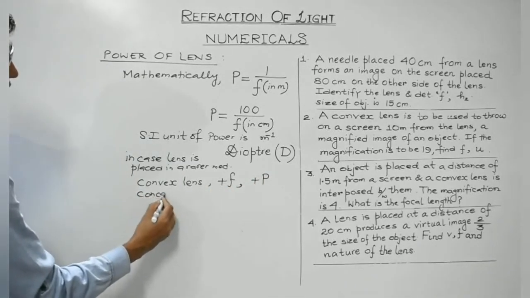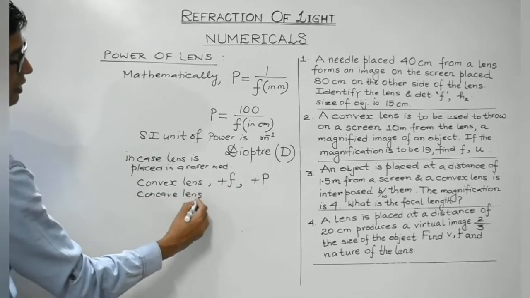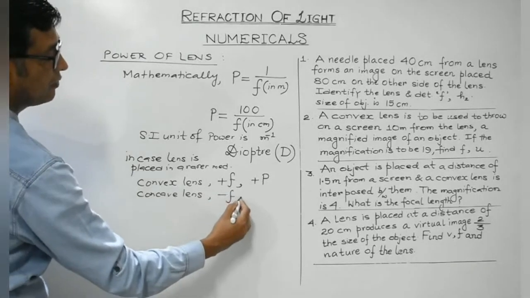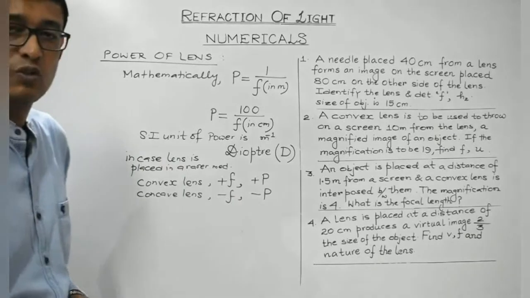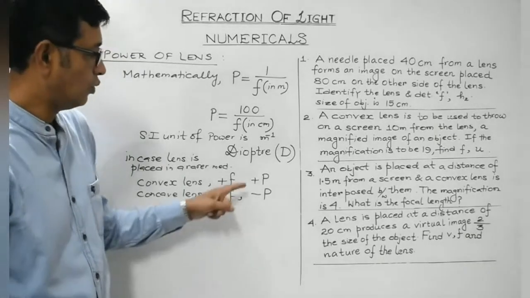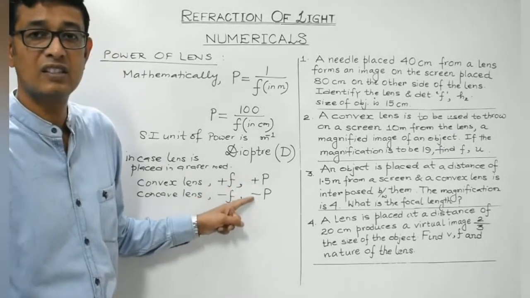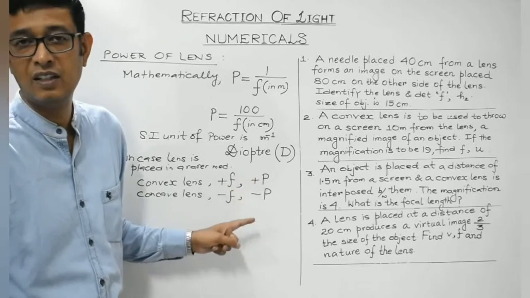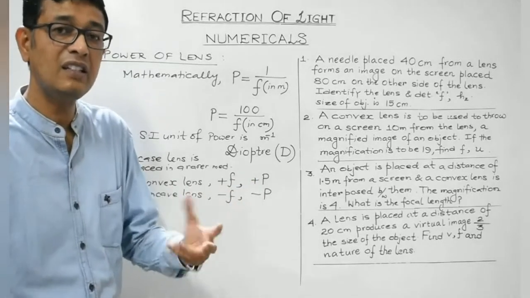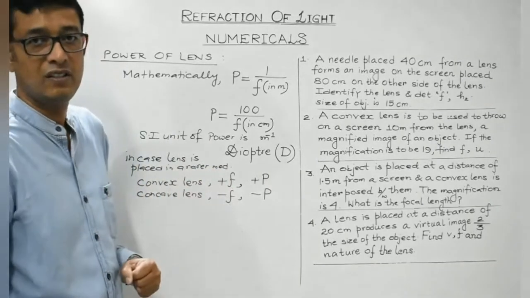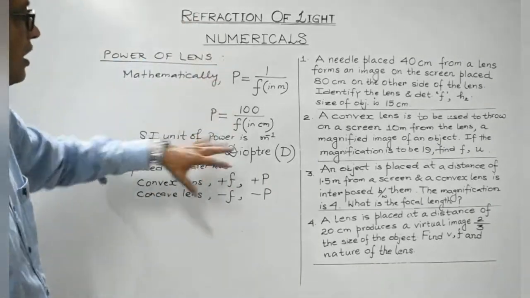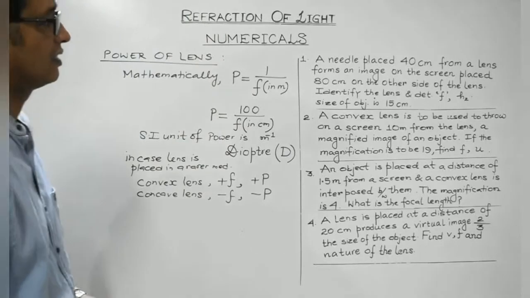While a concave lens, which is a diverging lens, has negative focal length and accordingly its power will also be negative. So students, what I mean to say is that only by considering the sign of the power of a lens, we can easily identify the nature of the lens, whether it is converging or diverging, right? So this was regarding the power of a lens.